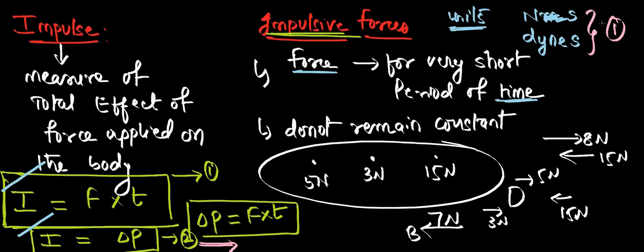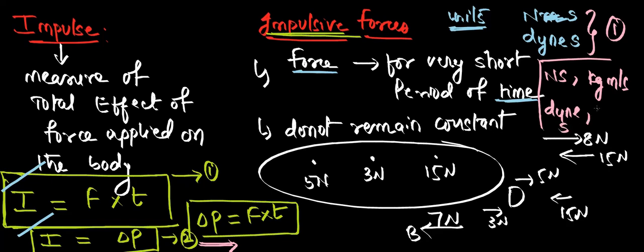That means only 4 units, you can consider any one. You can consider newton second, or the SI unit of momentum, m into v, so kilogram meter per second. You can consider dyne second, or gram centimeter per second. First two are SI units, the next two are CGS units.